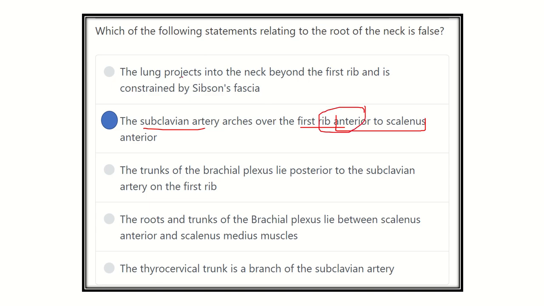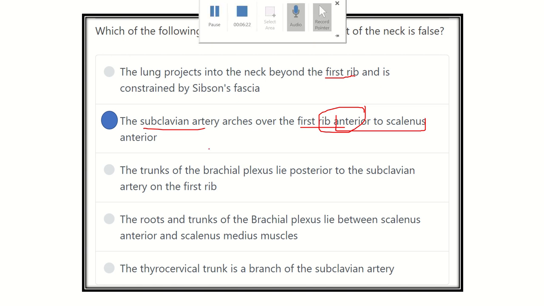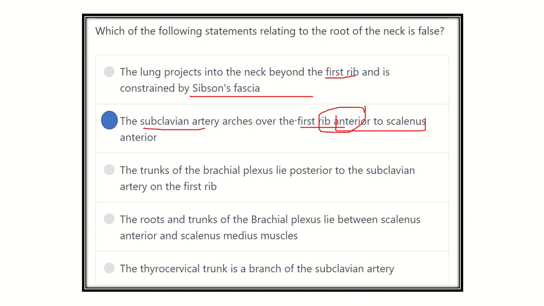Other options, such as the lungs project into the neck beyond the first rib, that means above the first rib, are true, and being contained within Simpson's fascia is also true. Then the third option, the trunk of the brachial plexus lies posterior to the subclavian artery on the first rib, is also true, because the trunk of the brachial plexus is located between the anterior scalene and medial scalene, just behind the subclavian artery.